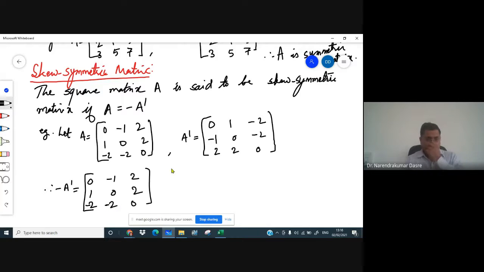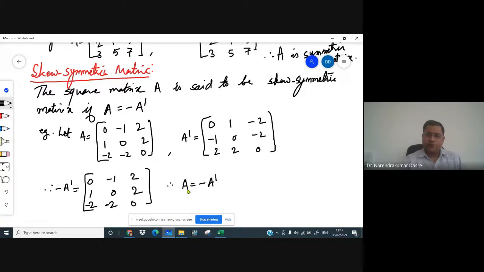So this way we have matrix A, we have matrix A transpose, and now we have calculated minus times A transpose. Now you can see this minus times A transpose and A are the same matrices. You can compare and see that these are the same.